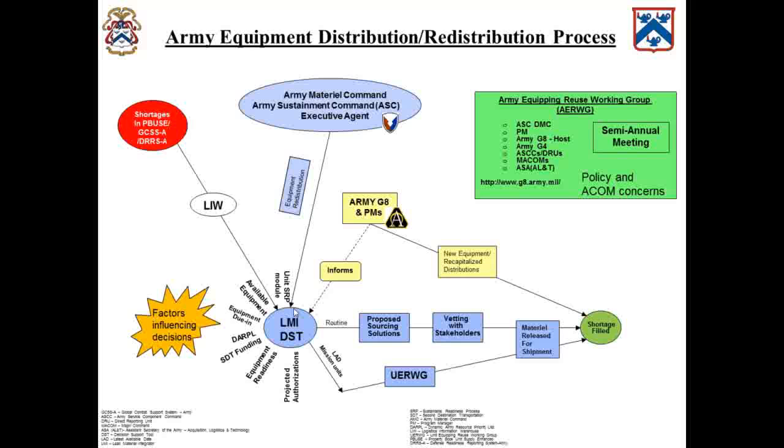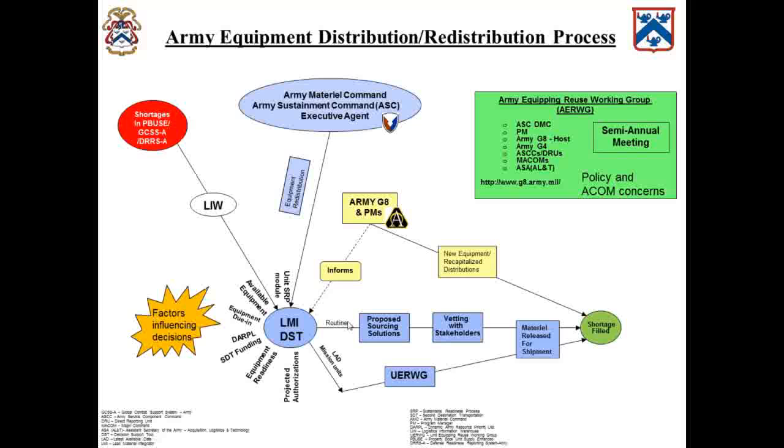And then you have new equipment that's going out there that is just informing the LMI DST tool. The type of information going in there, unit SRP modules, equipment DARPL prioritizations, equipment readiness, all those different things are influencing, hey, how are we going to take equipment that's out there across the force and redistribute to fill shortages? So all that information goes into the LMI DST and then pushes out a proposed sourcing solution.